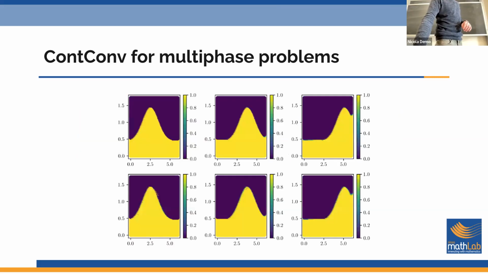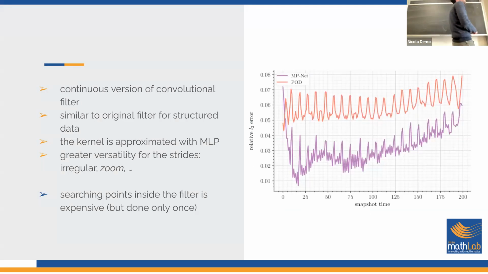Okay? But that's the only reason. And I have the comparison for all the time instants that were in our problem. Maybe just start from the plot. We can see that for the multi-phase problem we are able to reduce the error a lot.